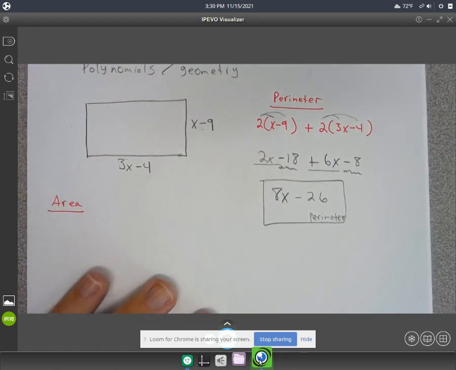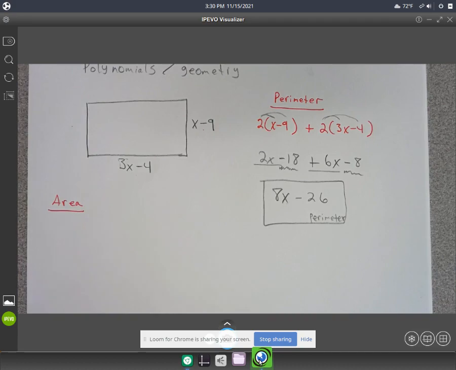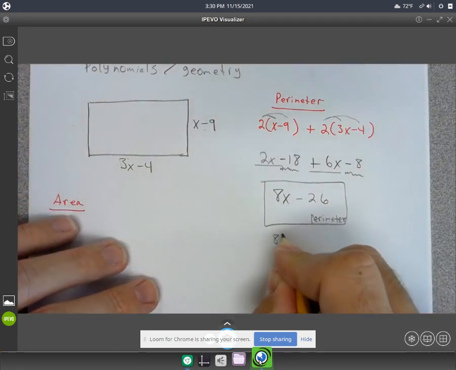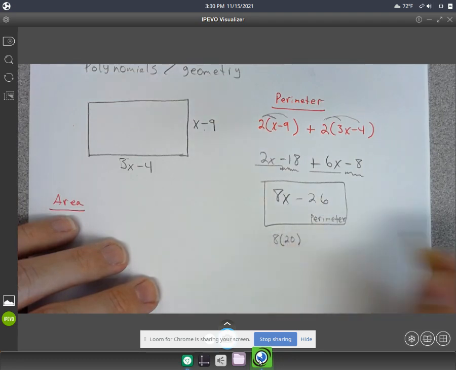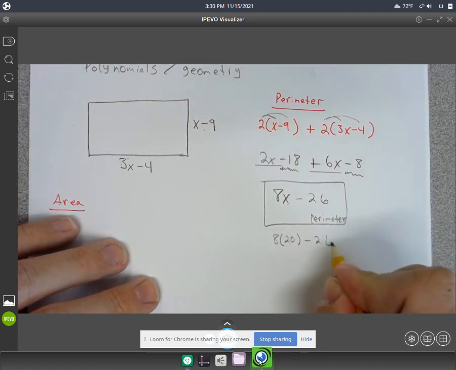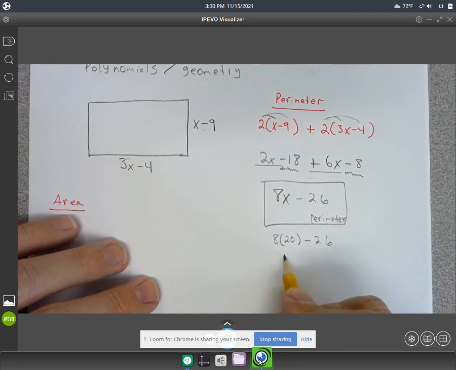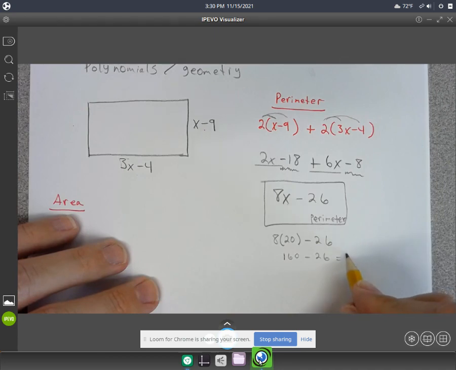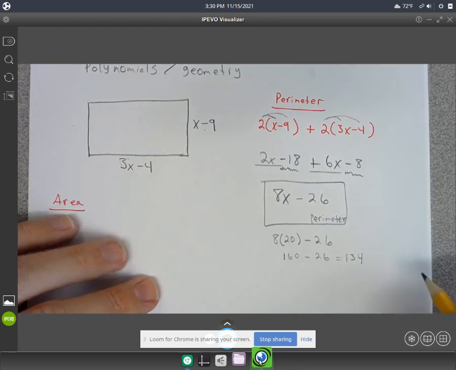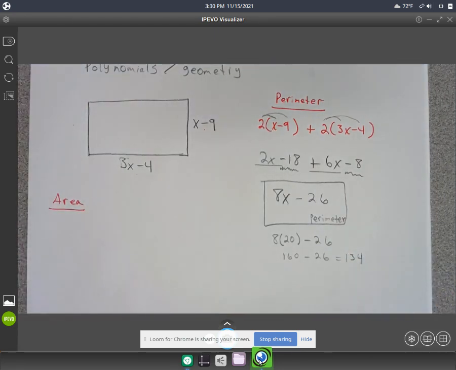Like the question may be, what is the perimeter if x is equal to 20? And so all I would do is substitute in a 20 for the x. This would be 160 minus 26, which is 134, I believe. So that would represent my perimeter if x were equal to 20.